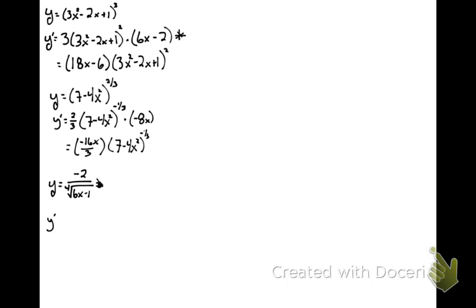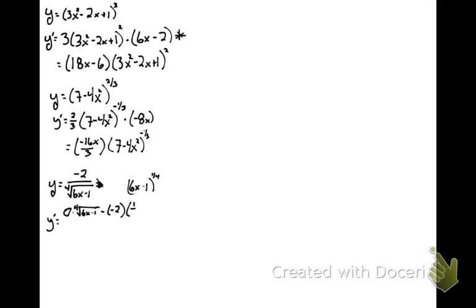So this will be the derivative of the numerator, which is 0, times the denominator, the 4th root of 6x - 1, minus the numerator times the derivative of the denominator. And the denominator is (6x - 1) to the 1/4 power. And I'll need to use the chain rule here.